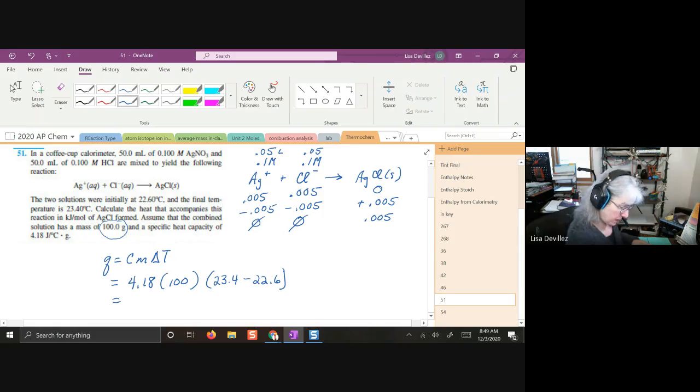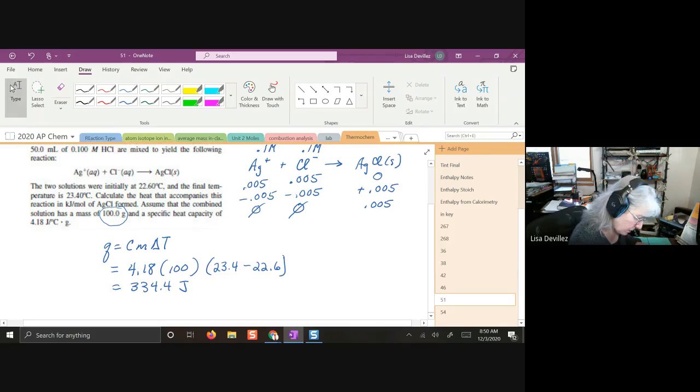So that gives me, okay, so I'm getting 334.4, and that's going to be joules, which will be 0.3344 kilojoules.